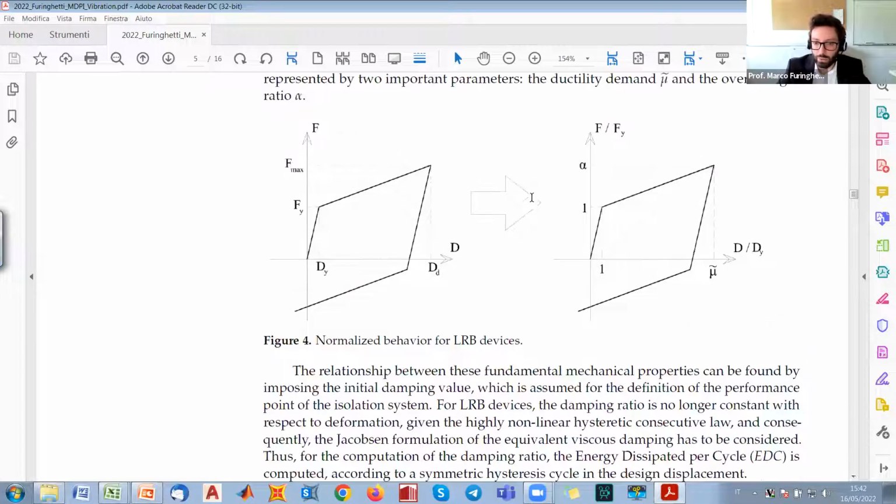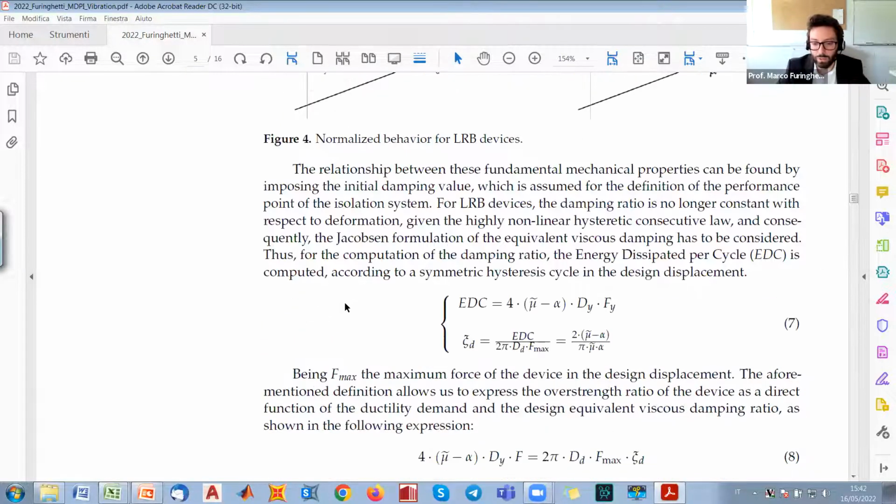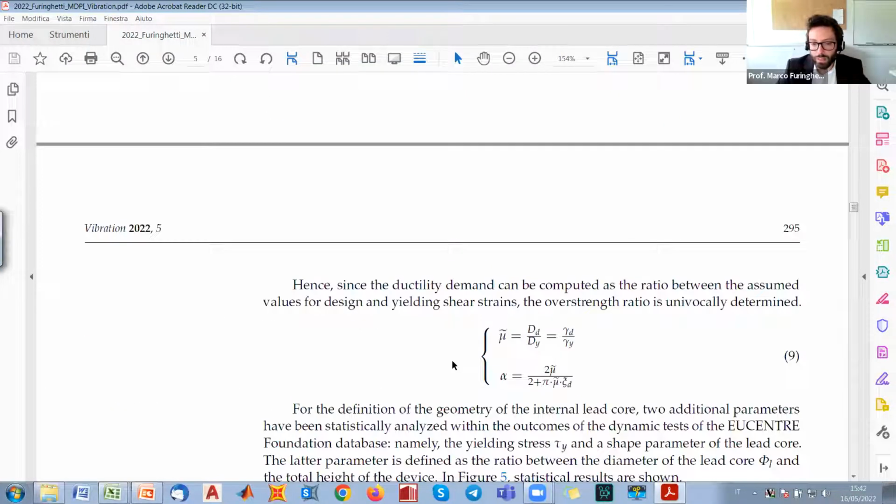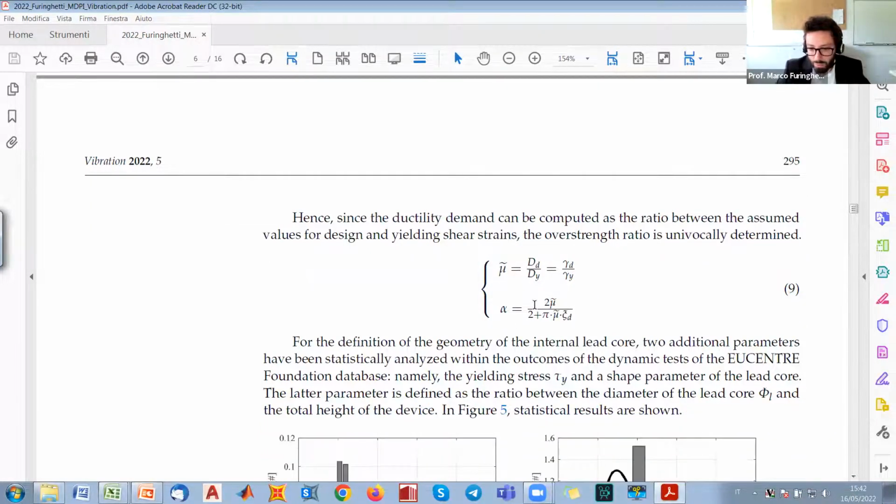And then according to this simplification, as we have seen last week, of the force displacement loop, this normalization with respect to the yielding values for displacement and forces, we can come up with this definition of the overstrength factor, which is twice the ductility divided by twice plus 2 plus pi times the ductility times the viscous damping ratio.